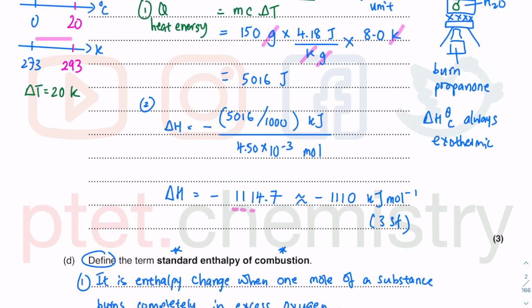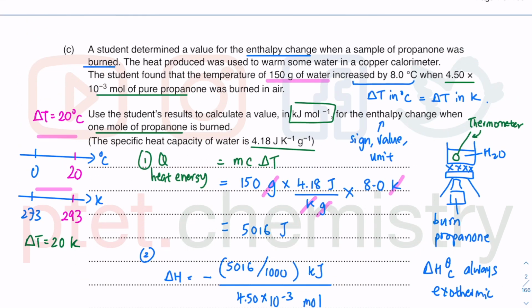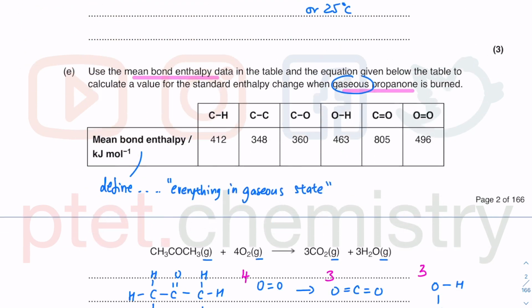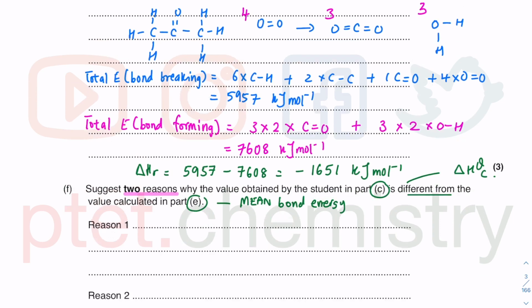In these kinds of experiments where we burn liquid propanone, we have a lot of possible heat loss. Heat loss would mean not all the energy from the burning of propanone goes into heating the water, and therefore this value -1110 is clearly very different from -1651.